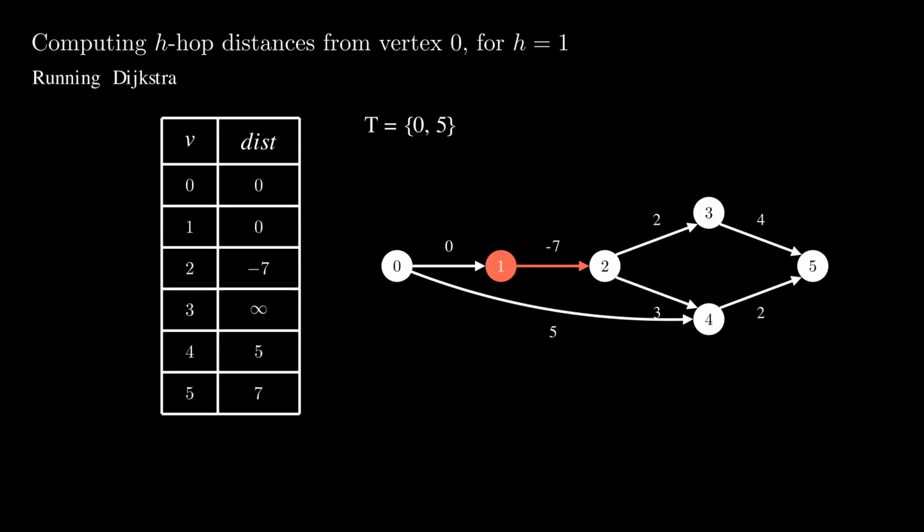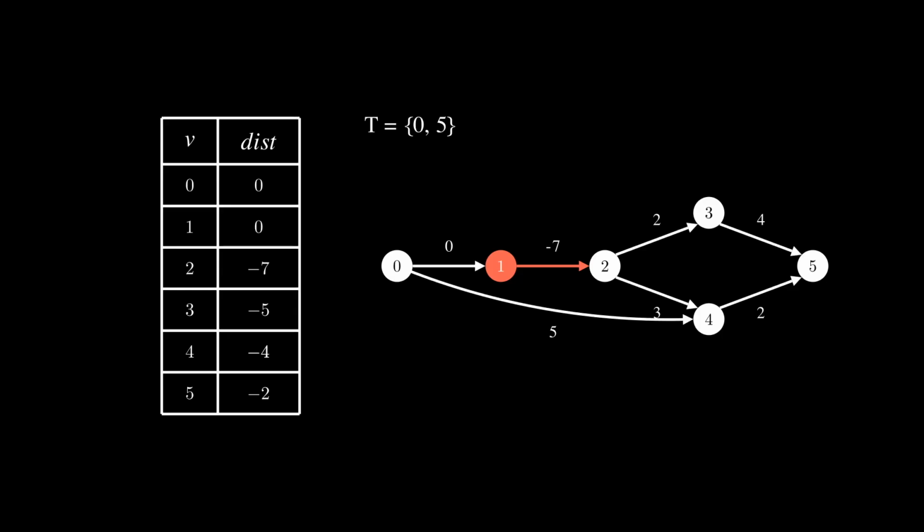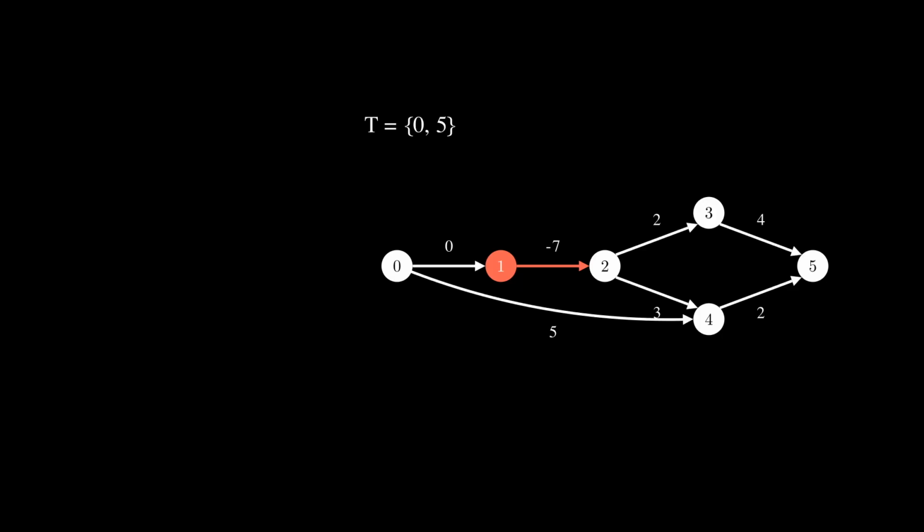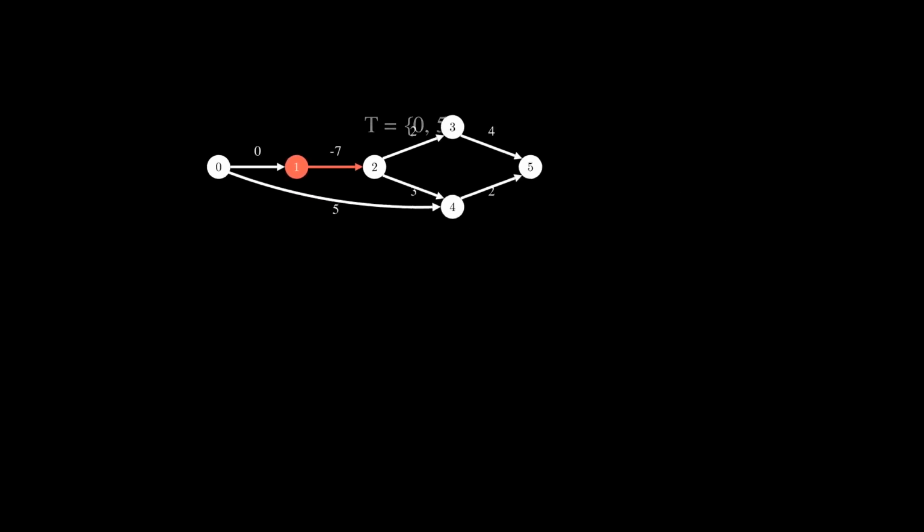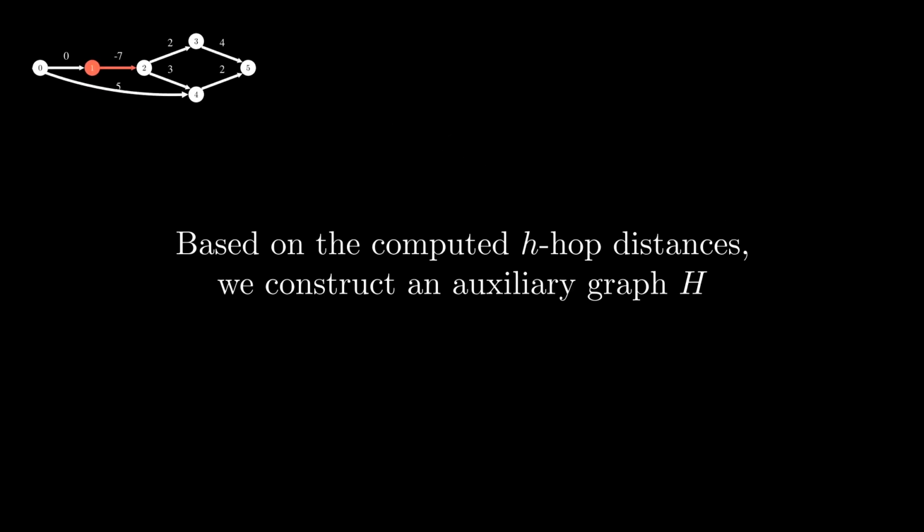Then we again run Dijkstra's algorithm on the positive edges. Now we have computed the h-hop paths from vertex 0 to all other vertices in the graph. This is then done for all the vertices in T.